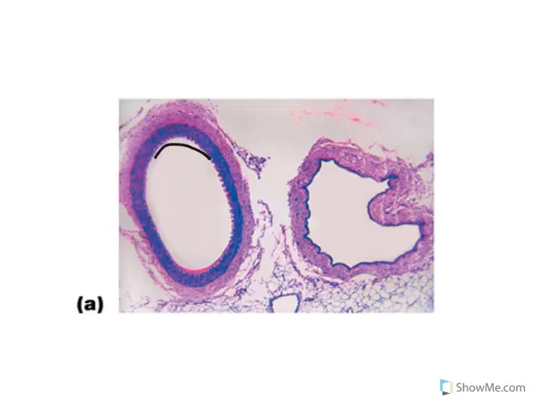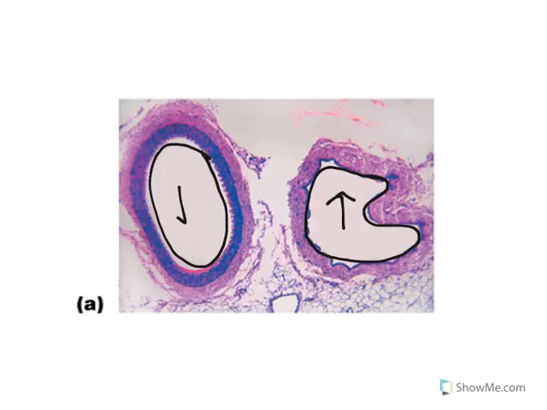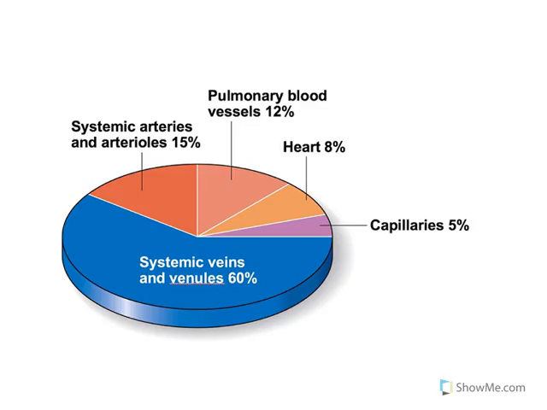Also note that typically the lumen of an artery is a little bit smaller than the lumen of the vein. In this picture it doesn't look that different, but typically the lumen has a larger volume in the vein and a smaller volume in the artery. This means that if we look at the overall percentages of where blood resides in our body at a given time, most of the blood falls into the veins and venules, whereas arteries and arterioles only hold 15%.